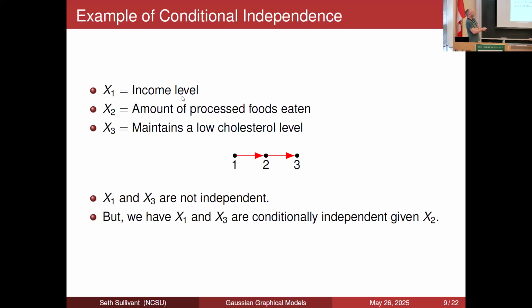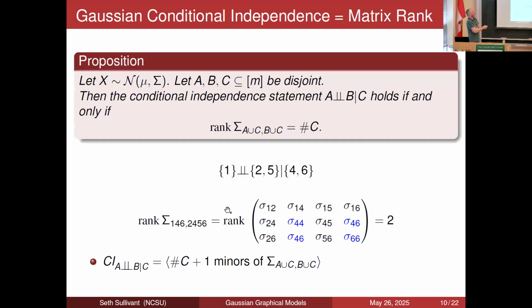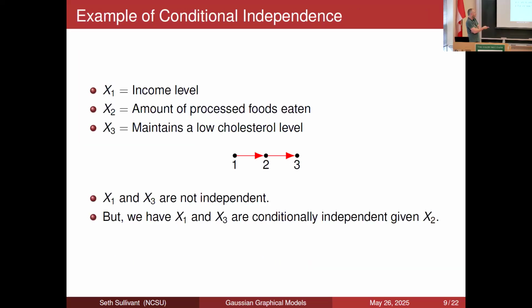So this is a situation where X1 and X3 are not independent of each other, but in this very simplistic model, they're conditionally independent given the intervening variable 2. In practice, income and cholesterol level are going to be conditionally dependent given probably a whole bunch of other intervening things.